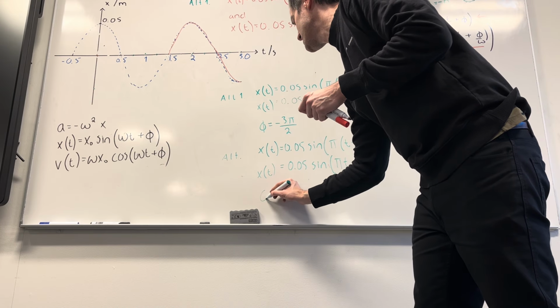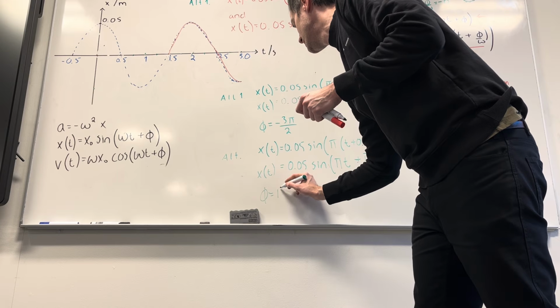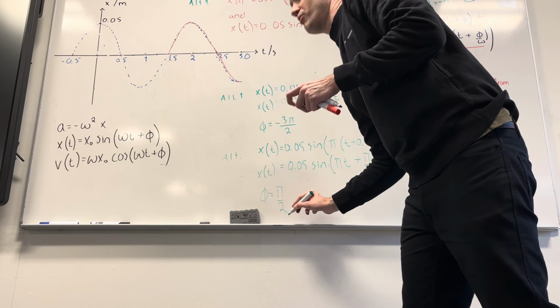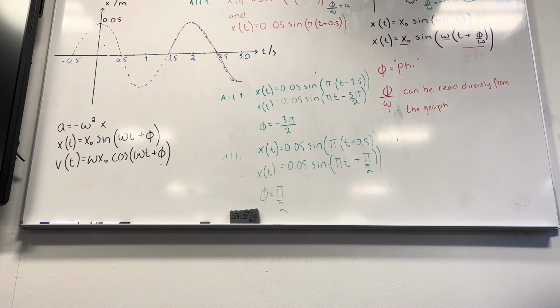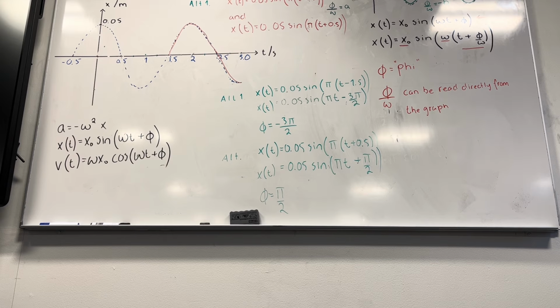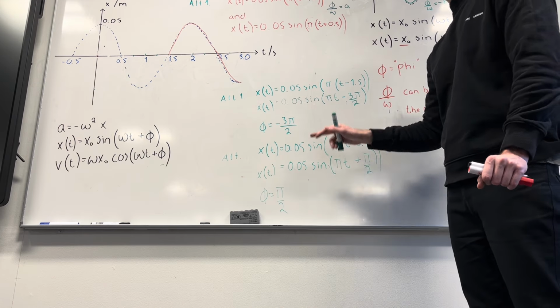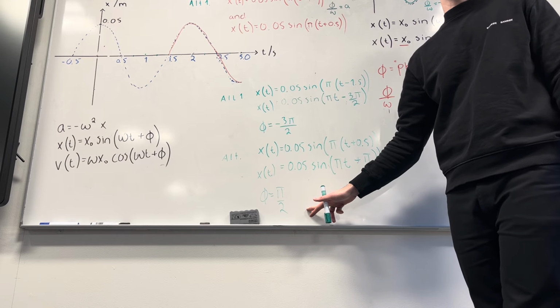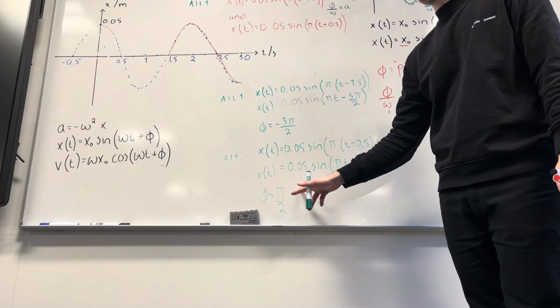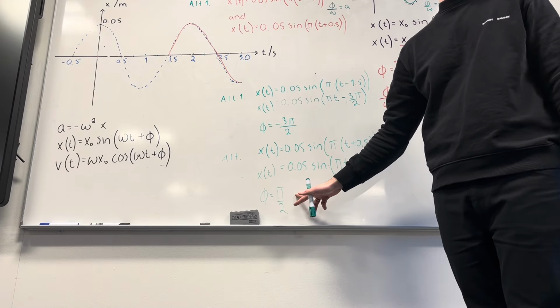And so the phase difference here would be pi over 2. So it doesn't really matter which one you use here. Probably the IB would write this one because here the phase difference is positive.